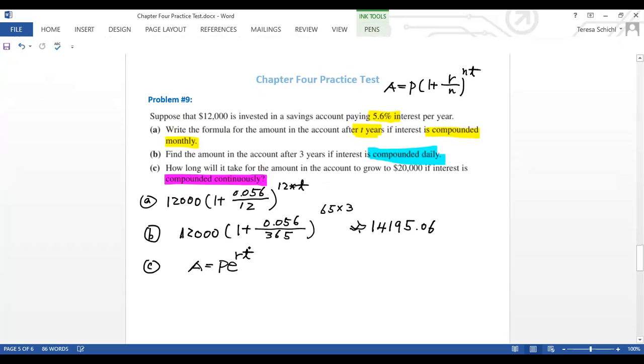So my A is 20,000, starting with the initial amount. So then e to the R T is what? 0.056 times T, right? So you divide, and you will say the 2 is equal to e to the 0.056 times T, correct?